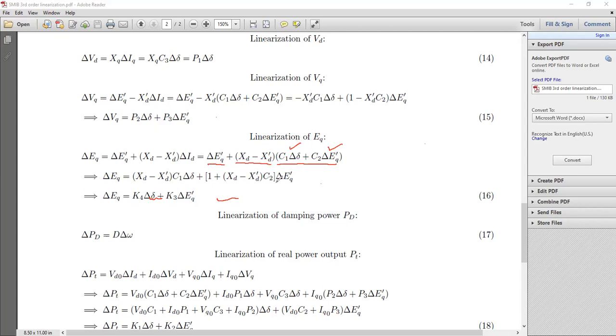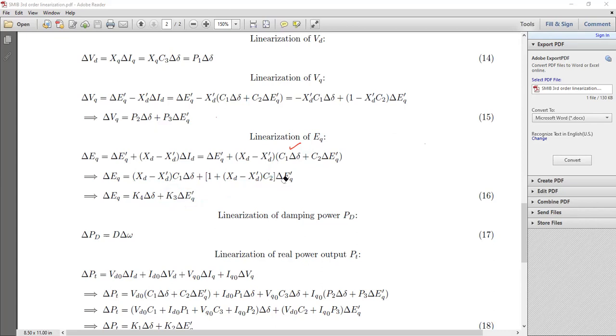You group whatever you have with del EQ prime together, and whatever you have with del delta together, and you name them K4 and K3. So del EQ becomes K4 del delta plus K3 del EQ prime, where K4 and K3 are again some constants. Of course, they depend on the equilibrium point or the operating point of our analysis.